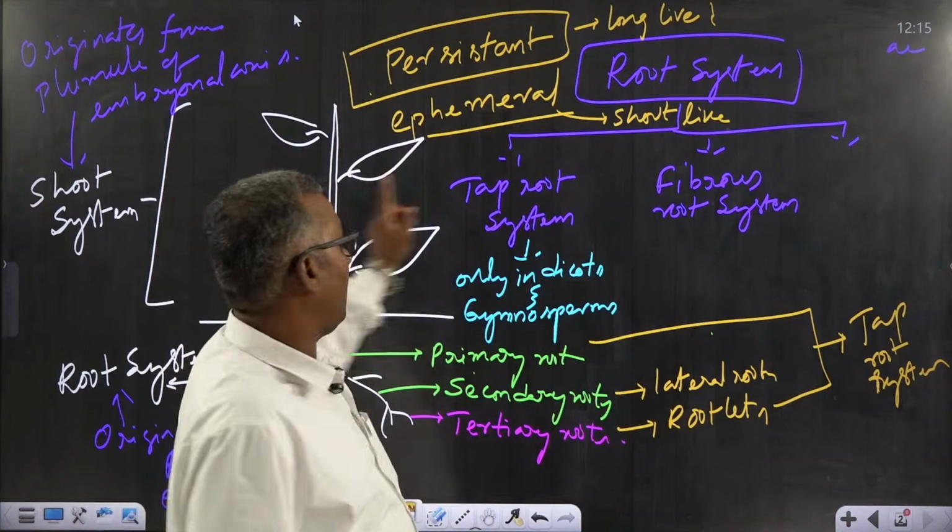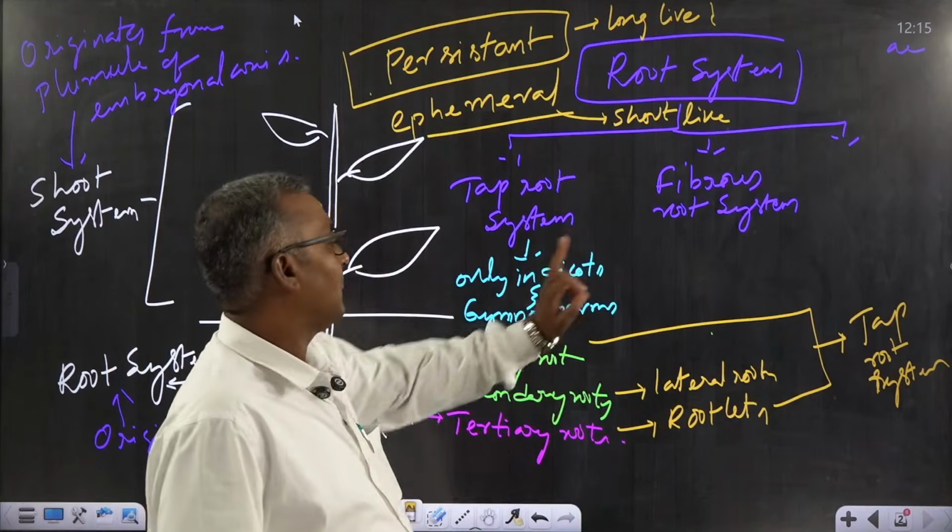A root system with all this organization is called the taproot system.